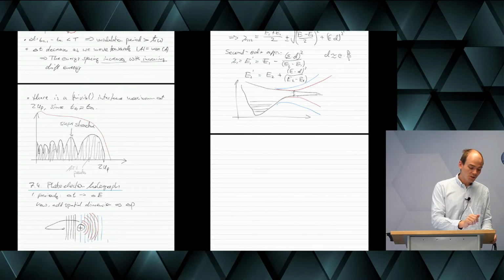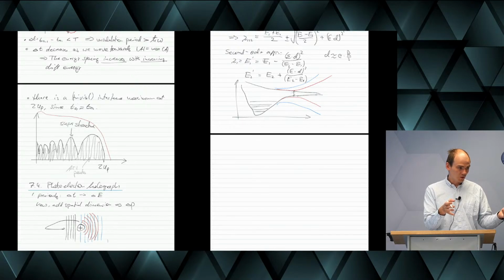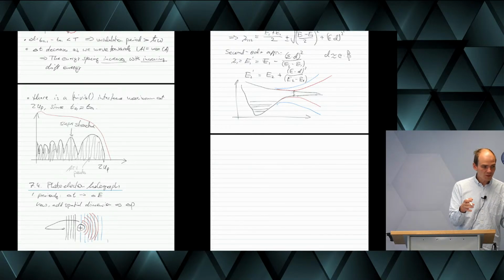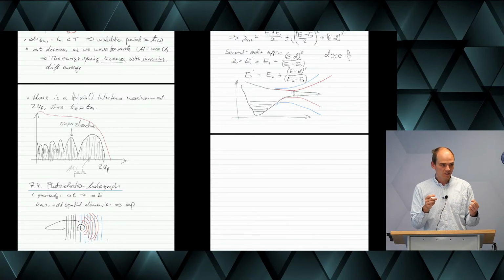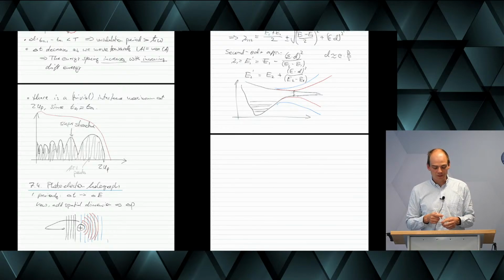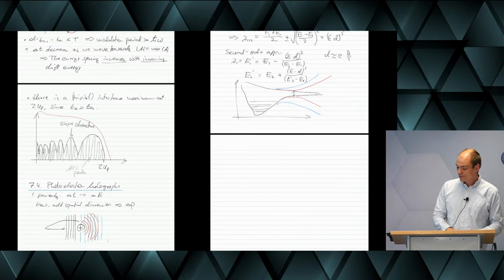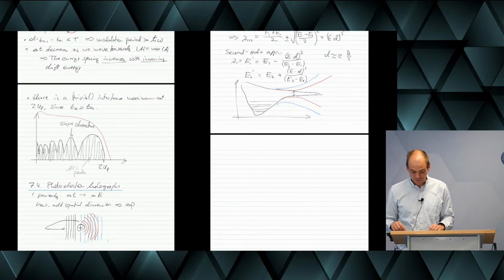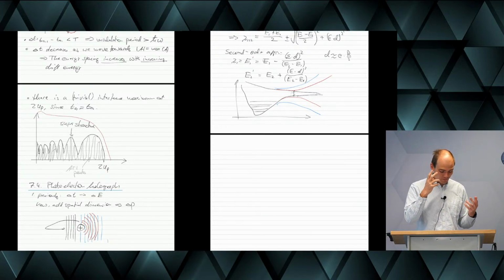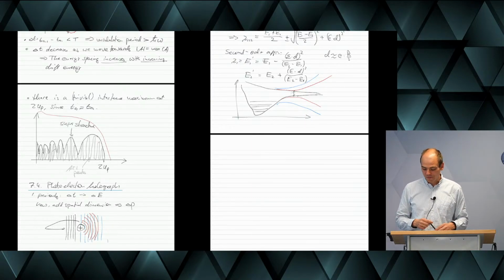What's missing here is, again, this is essentially assuming a constant field. What's missing is the oscillatory time dependence of the field. For that, I don't have the time to go into detail, but I'd like to show you a few experimental results to give you an idea of what happens then.